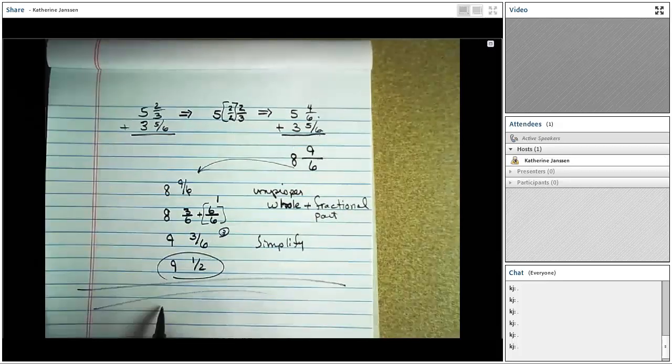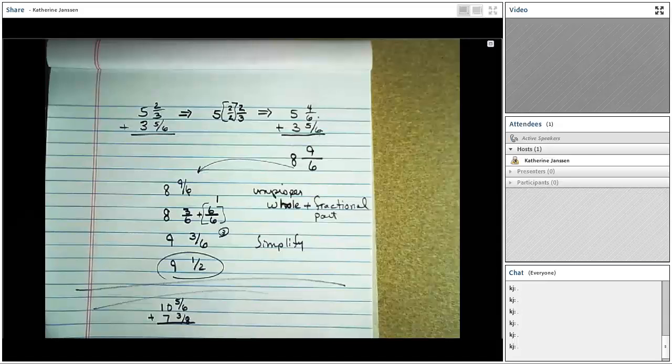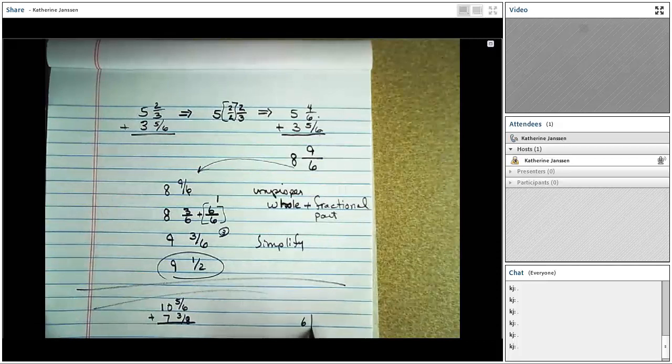Let's try another one. 10 and 5/6 plus 7 and 3/8. Well, we have 6 and 8. We want a least common denominator. This is 2 times 3, and this is 2 times 2 times 2.